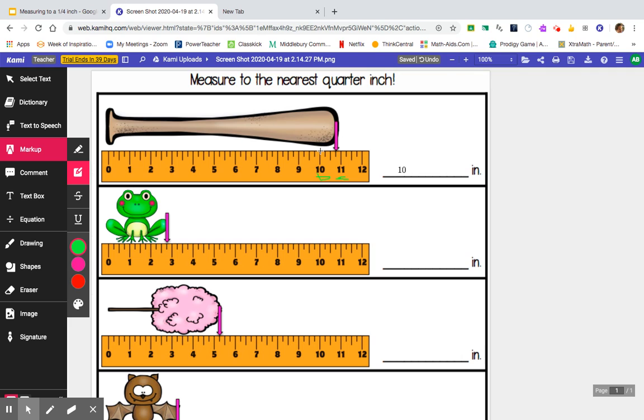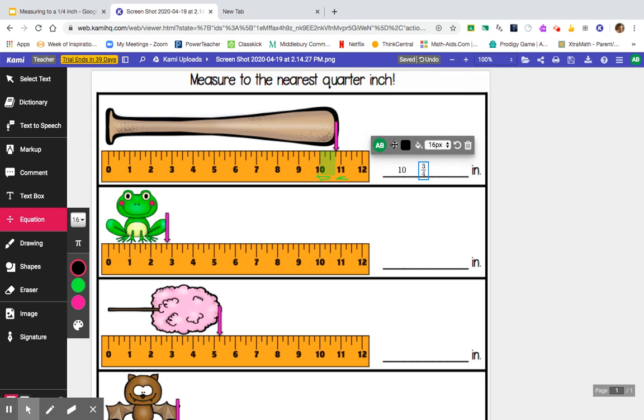I'm just going to shade in this section where the bat ends. Now if I count how many 1/4 sections, I count 1, 2, 3. So this is 10 3/4 of an inch. So I'm typing in 3/4. I'm going to move it closer, and voila, I just measured that bat.